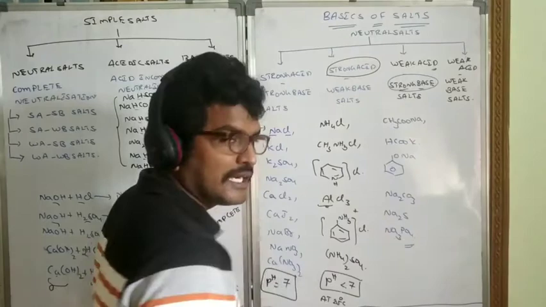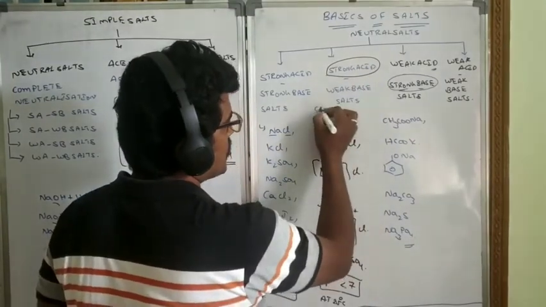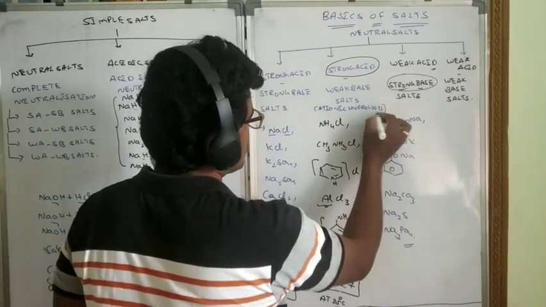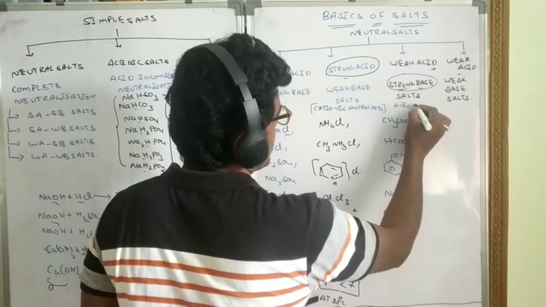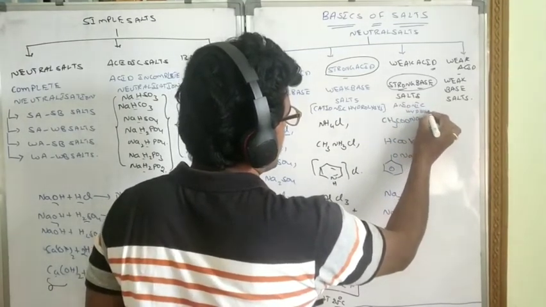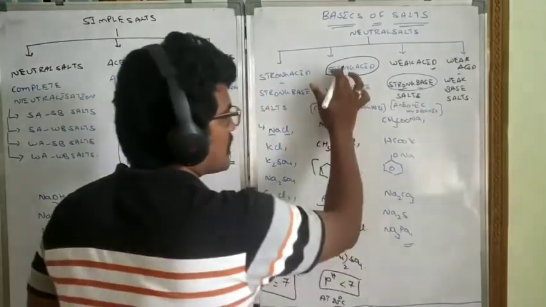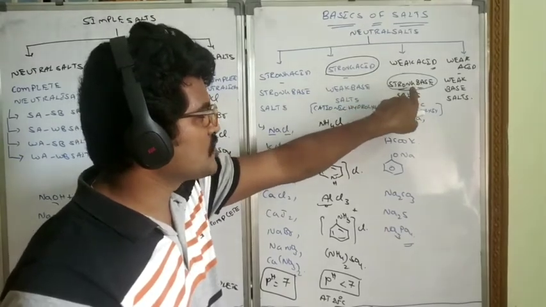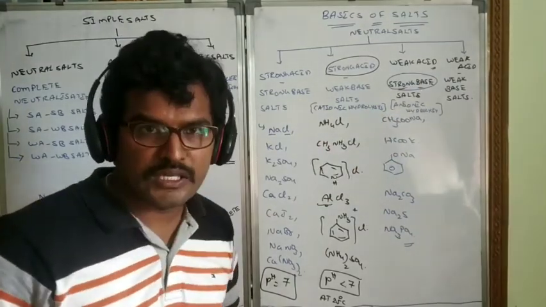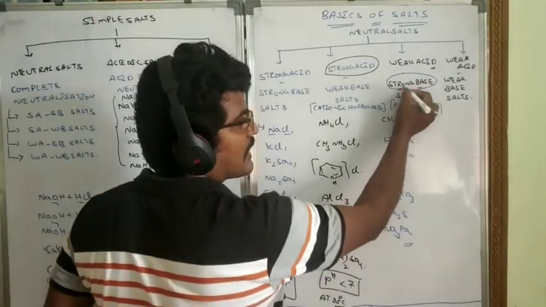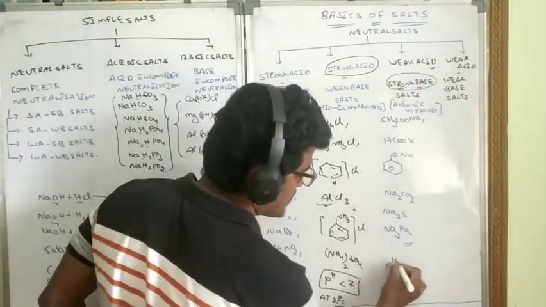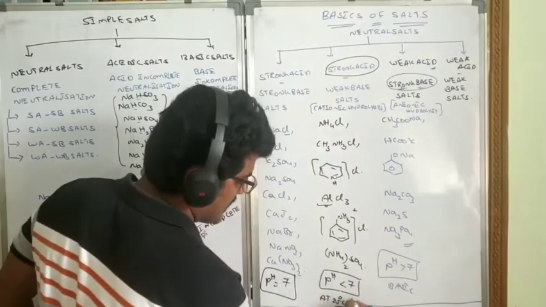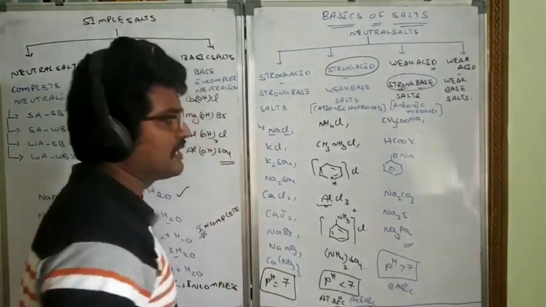Actually they undergo hydrolysis. Strong acid weak base salts undergo cationic hydrolysis. Strong base weak acid salts undergo anionic hydrolysis. Because of anionic hydrolysis, since they have a strong base, pH will be greater than 7. So the solutions will be basic in nature. Here the solutions will be acidic in nature.